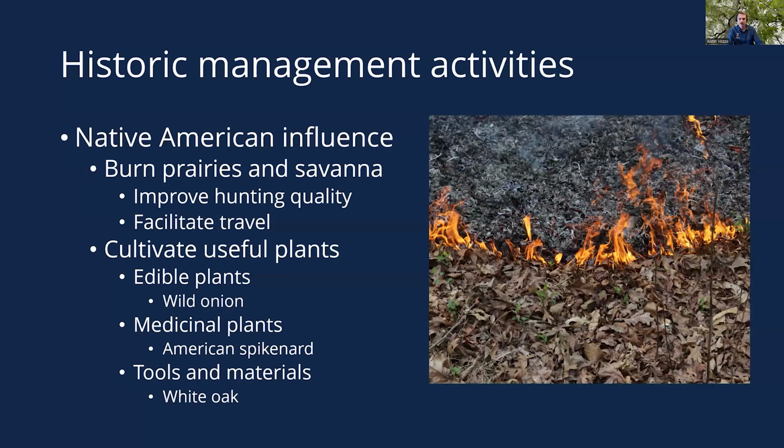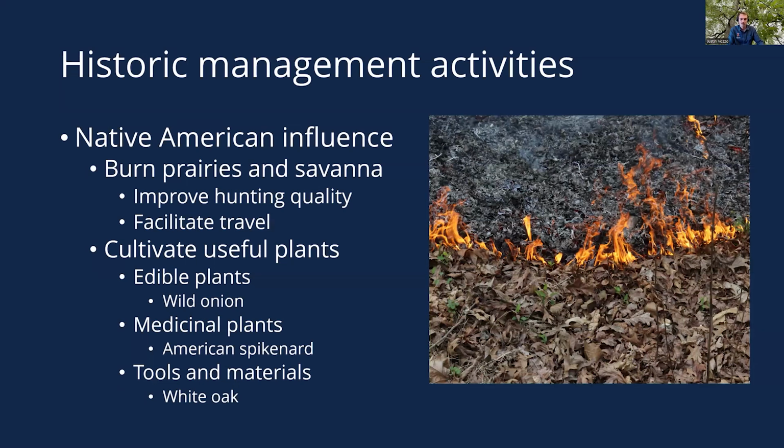And so we can't really continue to talk about restoration activities and these historic remnant systems without acknowledging the historic management activities that were performed by a lot of Native American folks on the landscape pre-settlement. A lot of those activities included things like burning prairies and savannas to open the canopy, improve hunting quality, and facilitate travel.